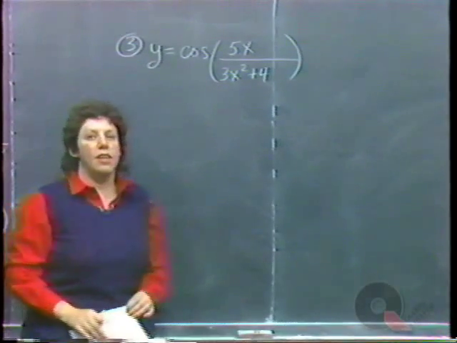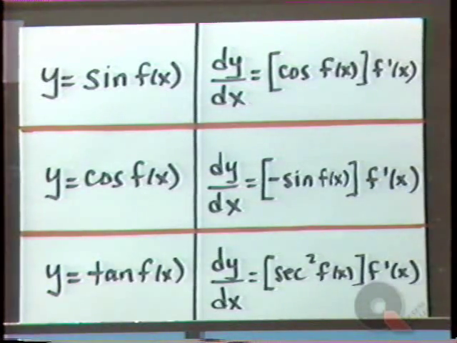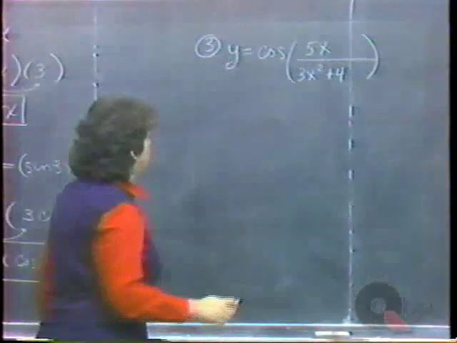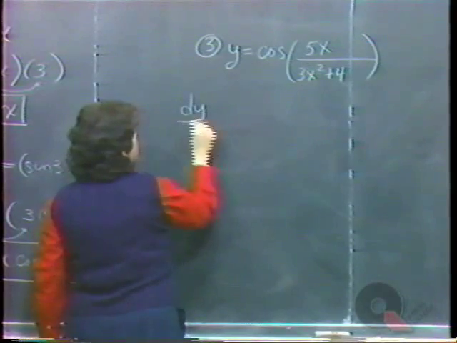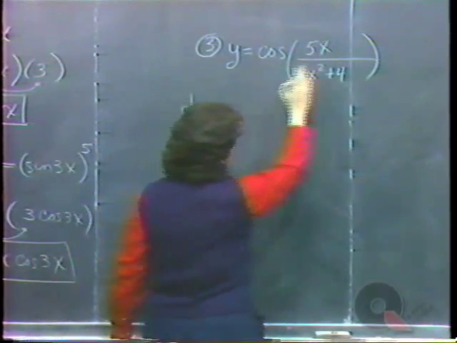Let's look at the formula for the derivative of cosine. The second formula here: the derivative of cosine of a function is minus sine of the same function times the derivative of the function. Okay, let's go back to our example. dy/dx for this problem, we have here cosine of a function.